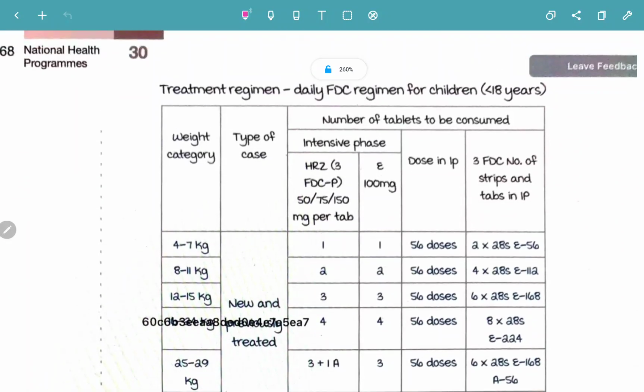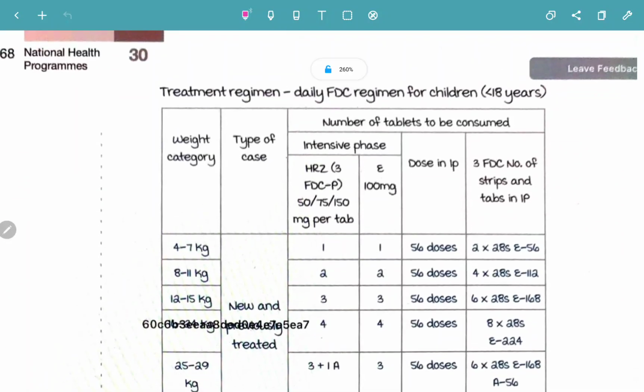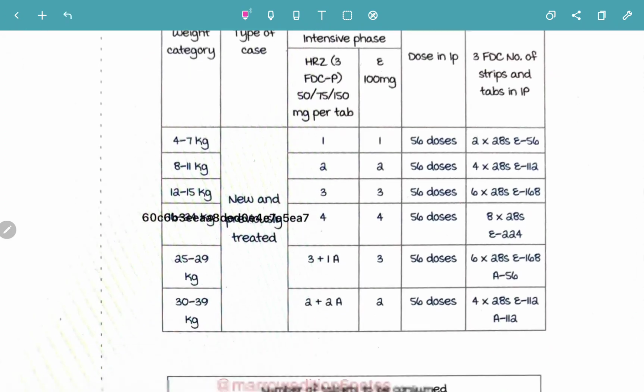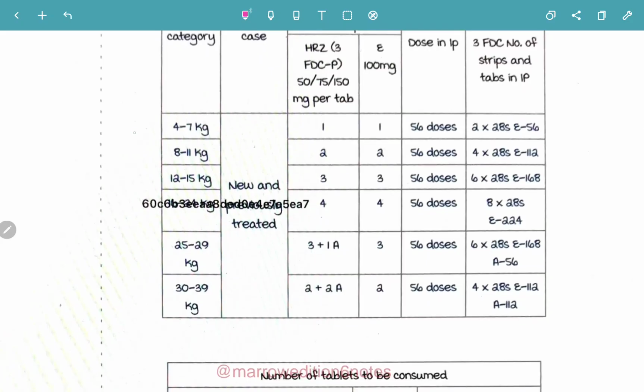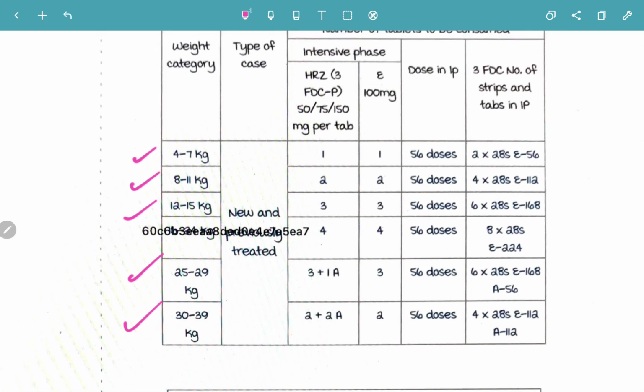Now let's look at the treatment regimen, the daily fixed dose regimen for children less than 18 years. The weight categories will be 4 to 7 kg, 8 to 11 kg, 12 to 15 kg, 25 to 29 kg and 30 to 39 kg. So in the intensive phase, isoniazid, rifampicin, pyrazinamide.